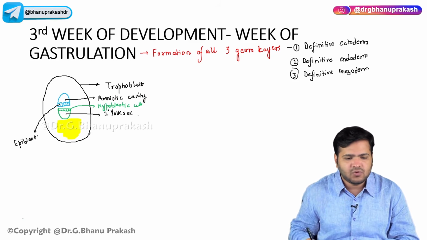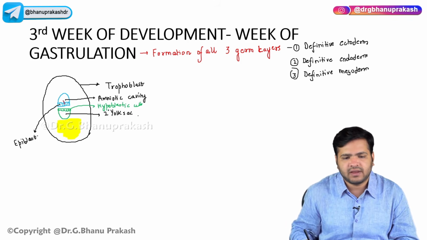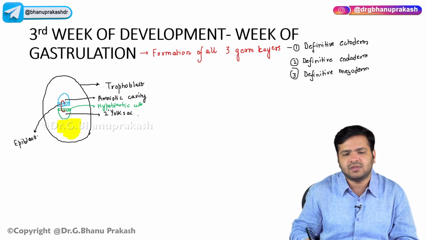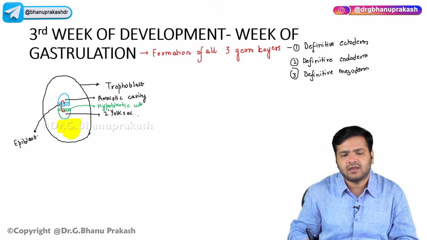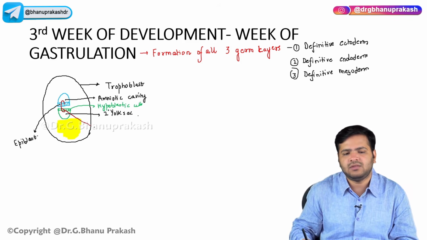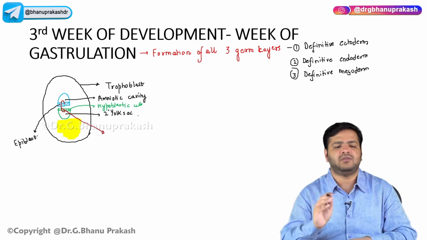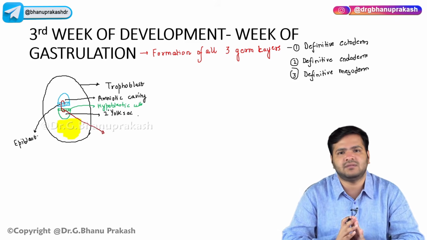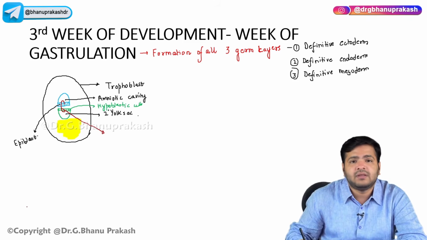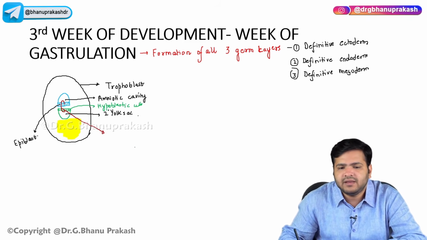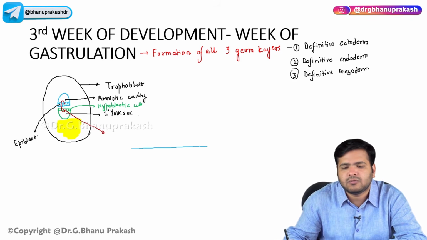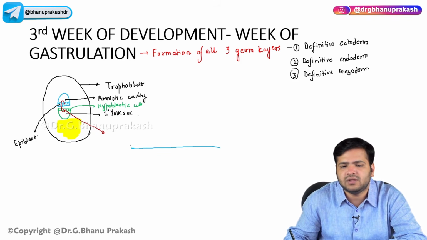So, now what I am doing, I am trying to take a portion out of this, right? I am just trying to take these two layers out. Only these two layers. Now, what will happen? These epiblast, let me just draw it. I'm just taking these two layers out.